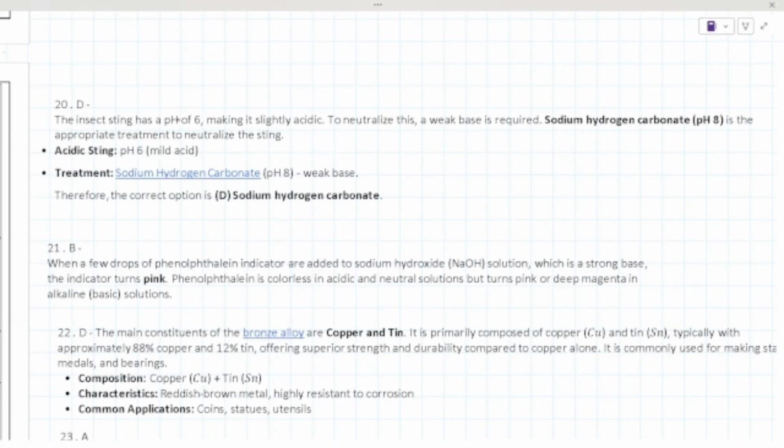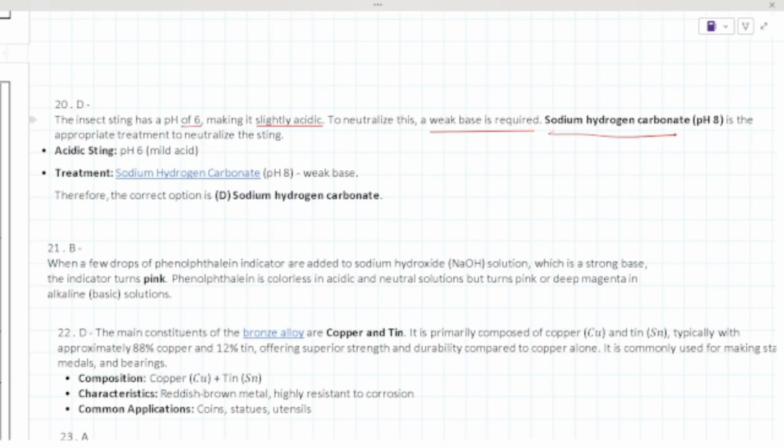The insect sting has a pH of 6, which makes it slightly acidic. It is one less than 7, so a weaker base is required, not a strong base.